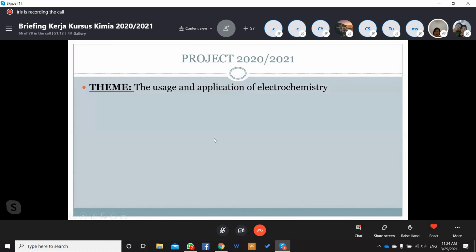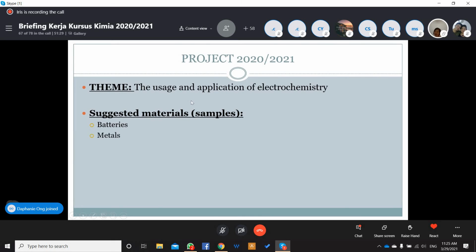Okay, so for your session, 2020-2021, the theme is more on the usage and application of electrochemistry, including electrolysis. So suggested samples, suggested only, you can use other samples, discuss with your teacher.